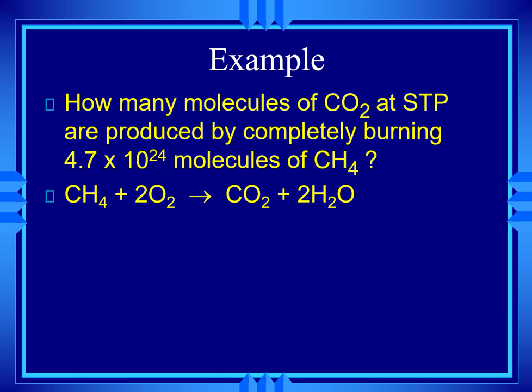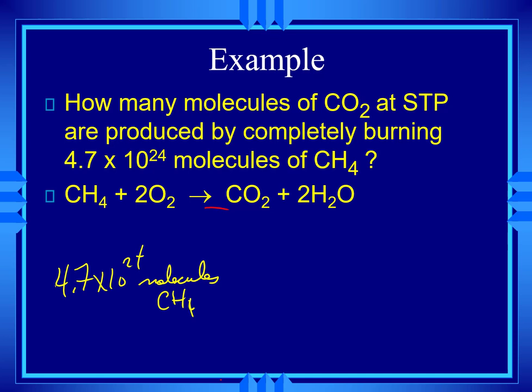You can do it in your head, but you've got to prove it's right. But you can actually do this one in your head. CO2 has one, and CH4 has one. So it's basically just 4.7 times 10 to the 24 times 1, divided by 1. 4.7 times 10 to the 24th molecules of CH4.